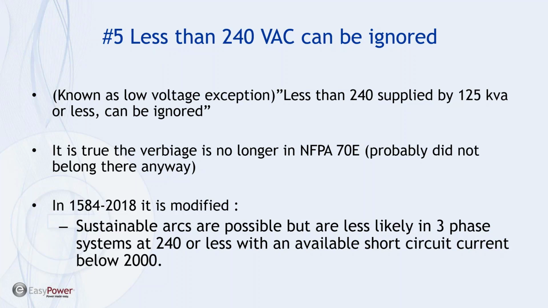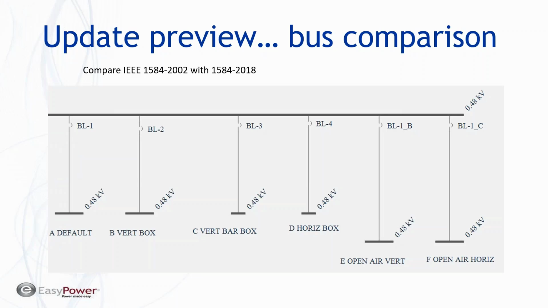And so the verbiage is: sustainable arcs are possible, but are less likely in three-phase systems at 240 volts or less with an available short circuit current below 2000 amps. We will talk more about this in subsequent webinars, but for now, I just want to run through a real quick example that touches on this, but it goes back and compares the differences that we see on the different categories of buses.